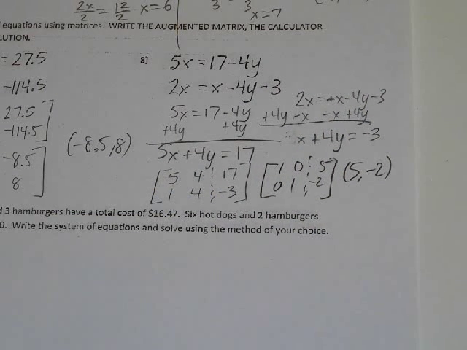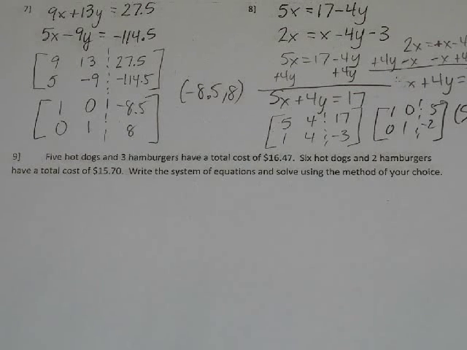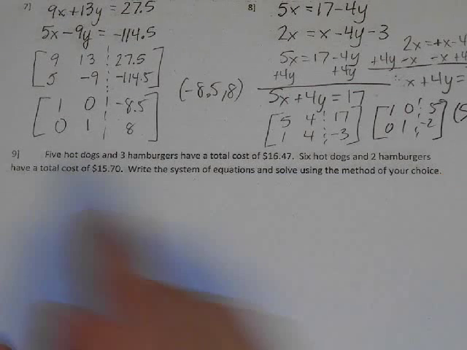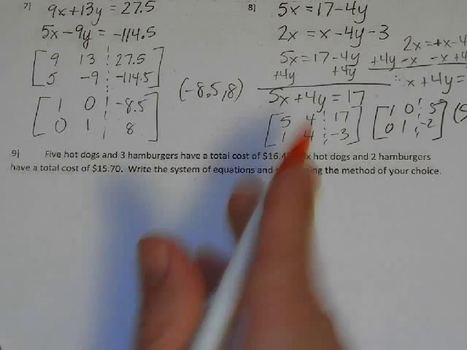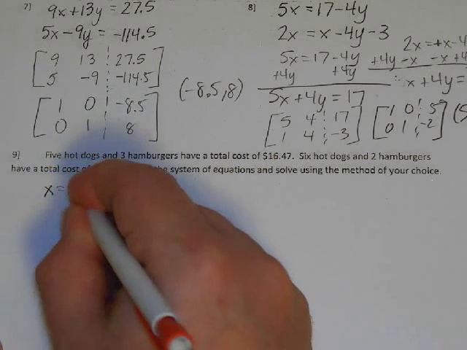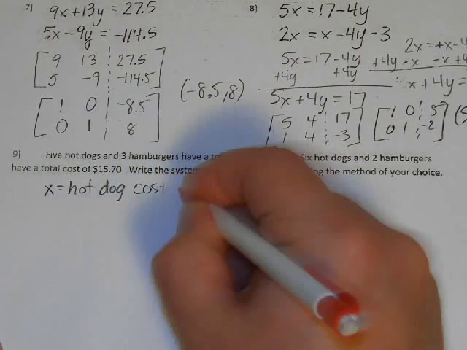Okay, for the story problem, you had to set up the equation, but then you could use your choice of methods to solve. So I have 5 hot dogs, 3 hamburgers, have a cost of $16.47. So I'm going to say x is the hot dog cost, and y is the hamburger cost.